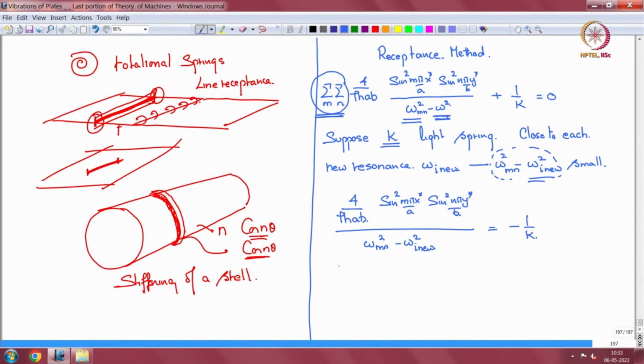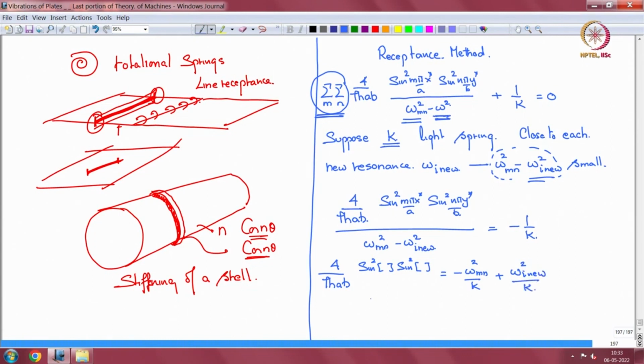Then we have 4 by rho h a b sine square into sine square is equal to minus omega mn square by k plus omega I nu square by k.